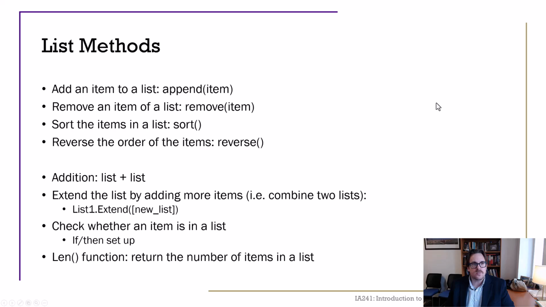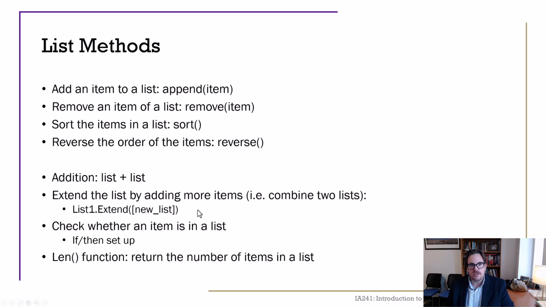Just like with strings, we're going to have lots of methods that we can use with lists as well. These include adding items to a list, removing items from a list, sorting the list, or reversing the list. We can do all of these things to our list. We can also combine lists together. We can extend the list by adding another list to the end.